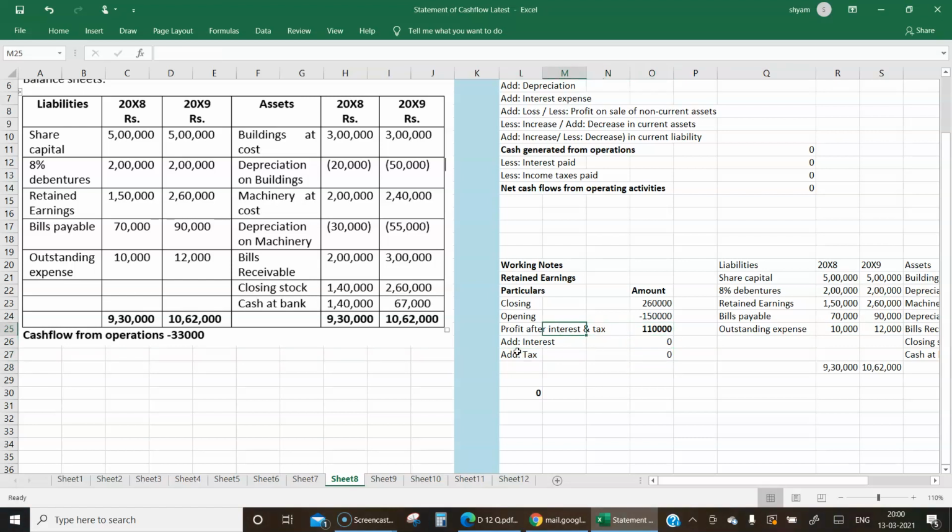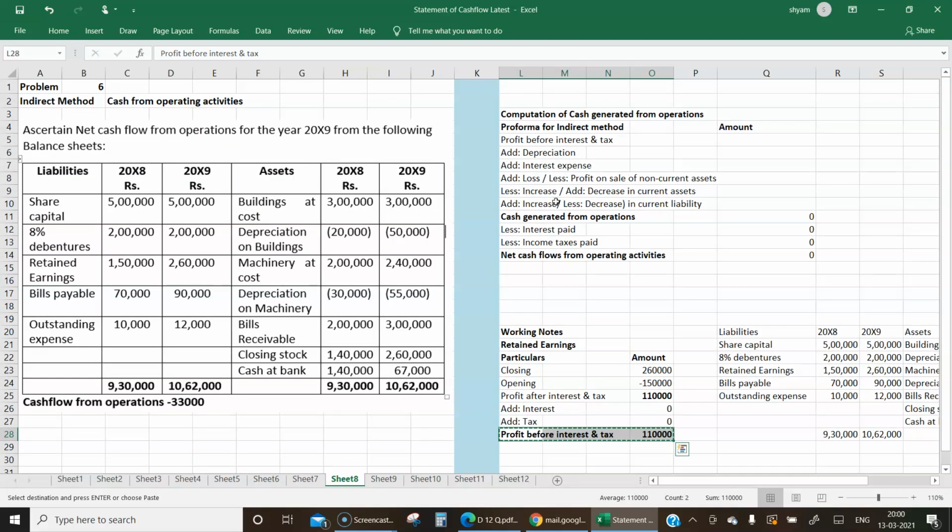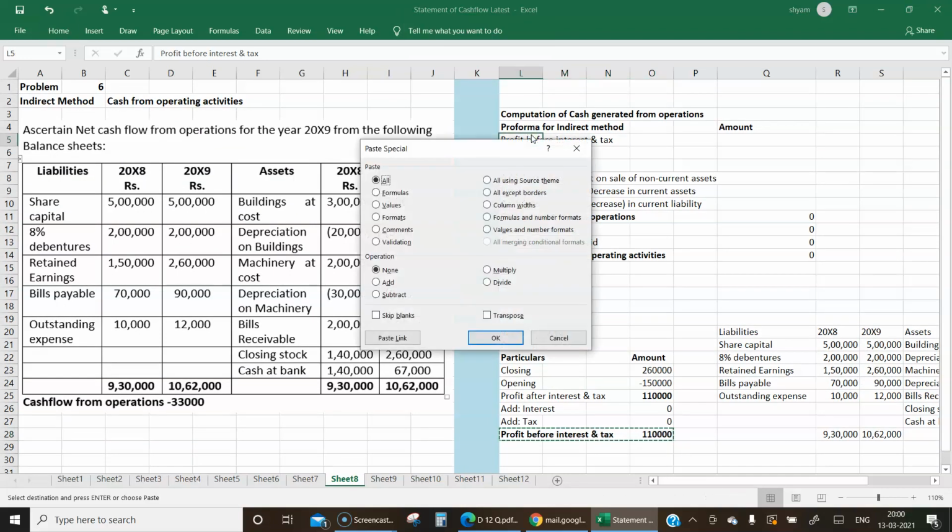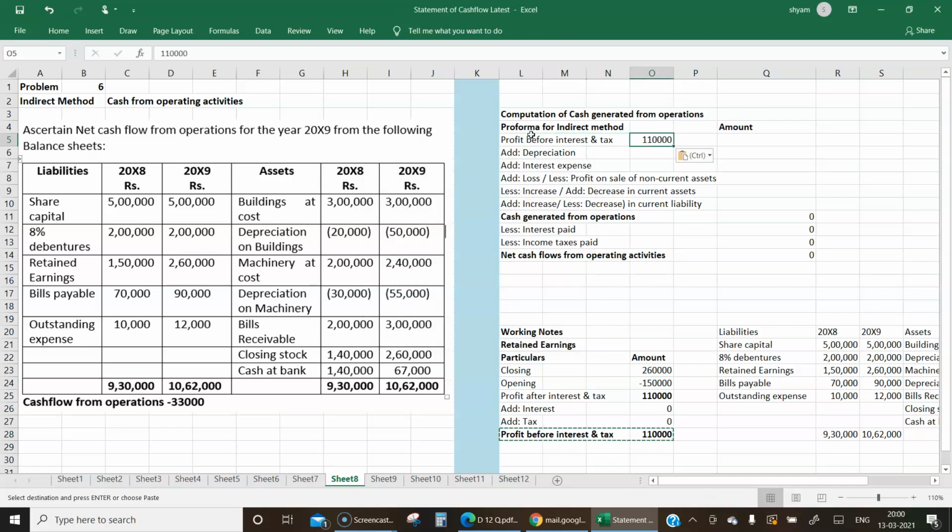So naturally what happens is our profit before interest and tax naturally comes to the same 1,10,000. Okay, so we can show this number here. So we have got 1,10,000.